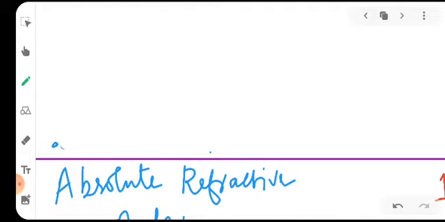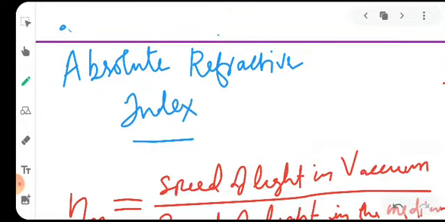If the material being used consists of vacuum in it, the free space, the vacuum, then such refractive indexes are referred to as the absolute refractive index.